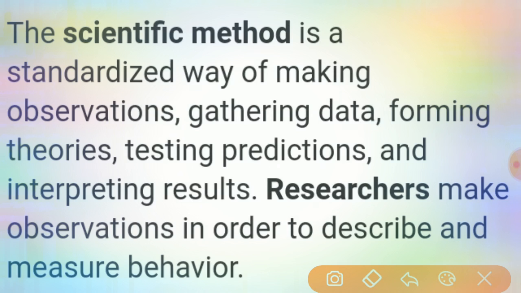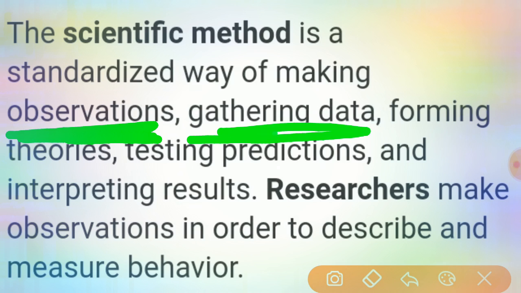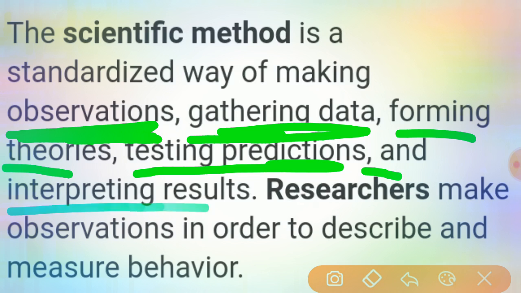So let's start the definition of the scientific method. Scientific method is a standardized way of making observation. In the scientific manner, first the researcher will be observing, then gathering the data, forming theories, testing predictions and interpreting the results.